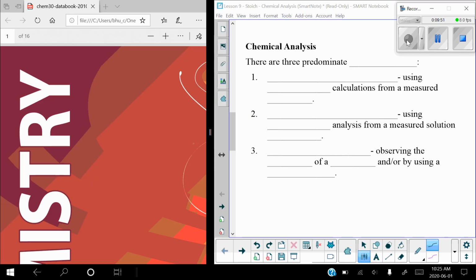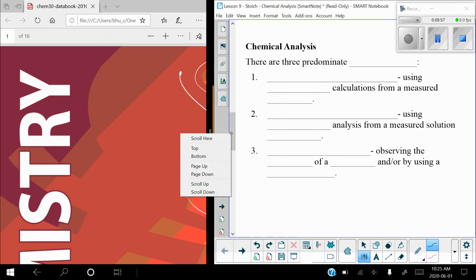Okay, let's wrap up this unit. So, to summarize, there are 3 predominant methods for a chemical analysis.